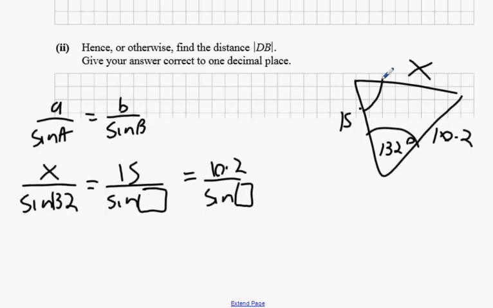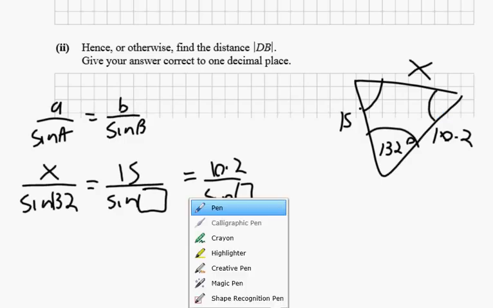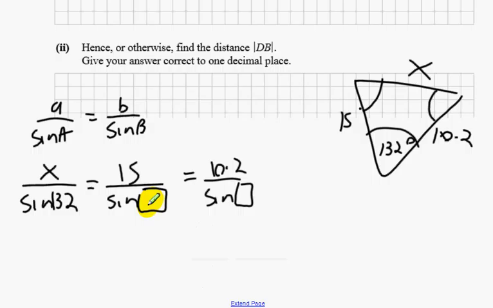We don't know what the other two are, do we? So there's two different things we don't know in one equation. What does that mean about the sine rule? Sine rule's blocked. Can't be done, because we don't know this and we don't know this. So in both cases it would be blocked.